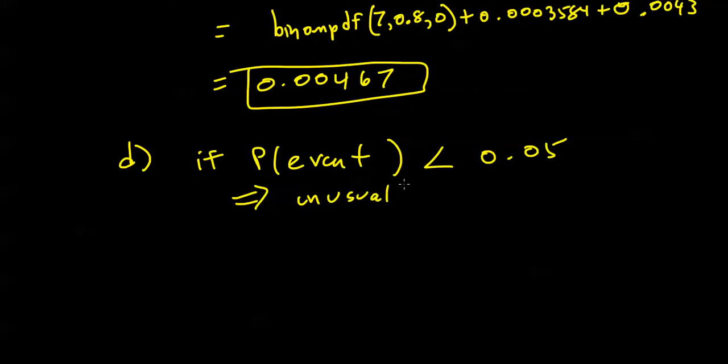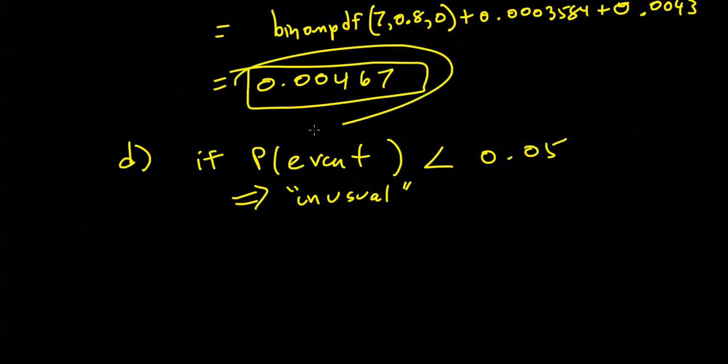You may recall that language from the author in previous sections. 0.05 really represents a 1 in 20 chance, and that's kind of a milestone that's evolved over the decades, indicating a usual from an unusual event. Alright, so if your event's probability is less than 0.05, we claim it's an unusual event.